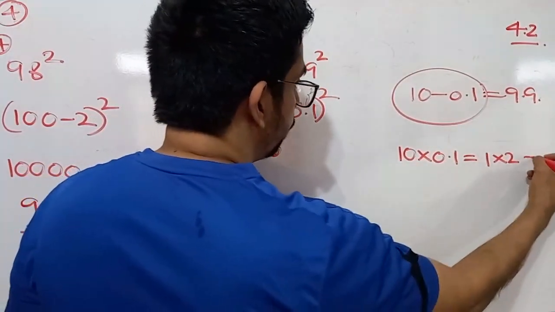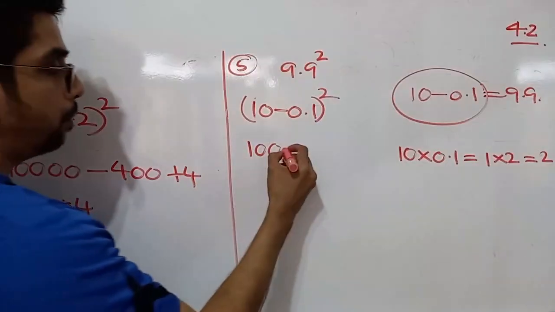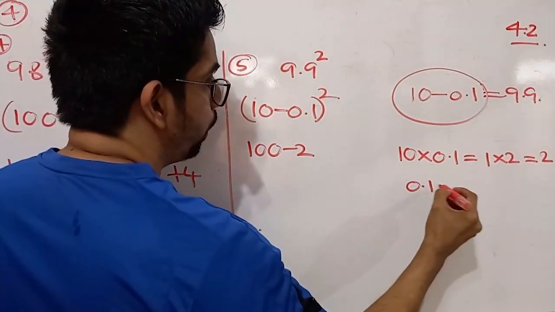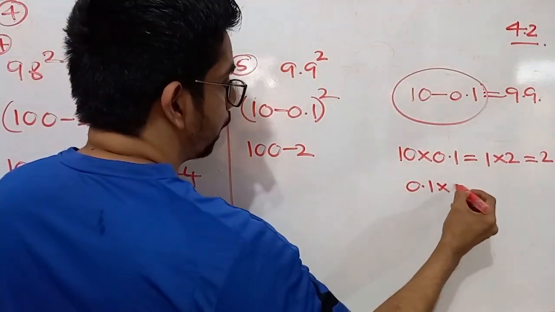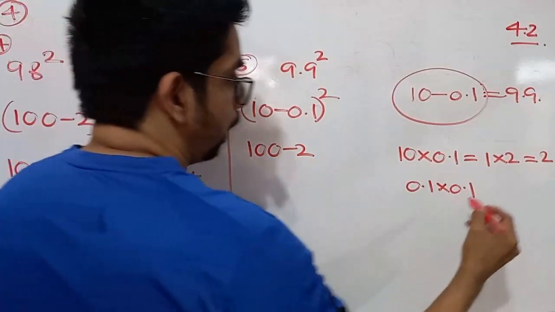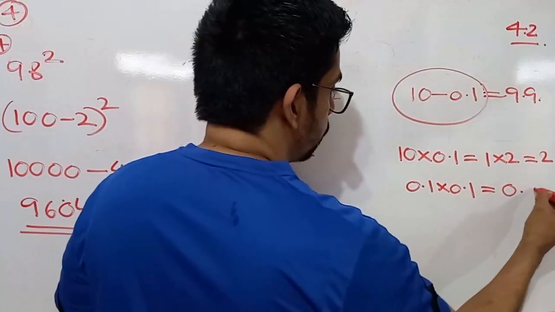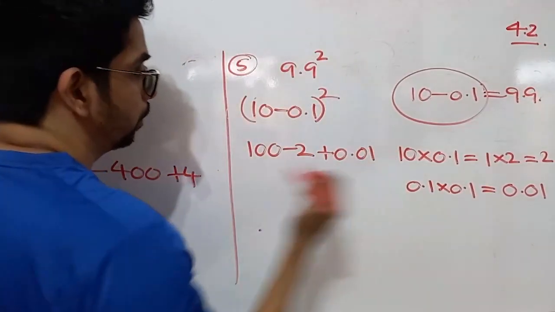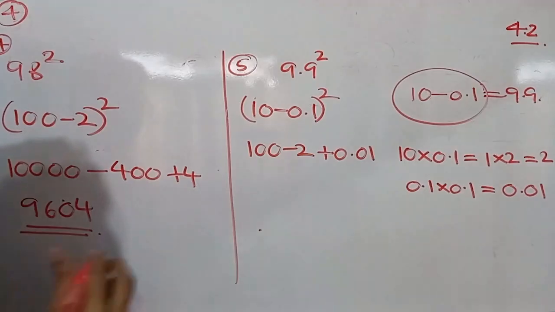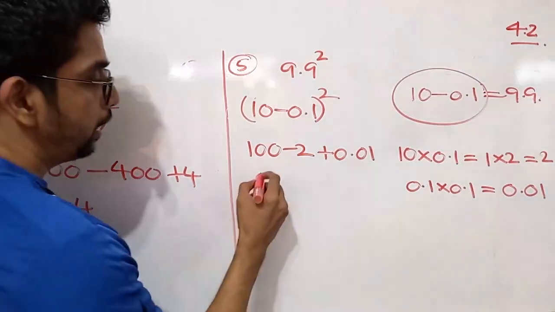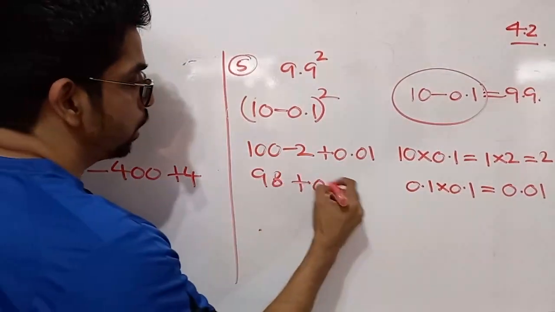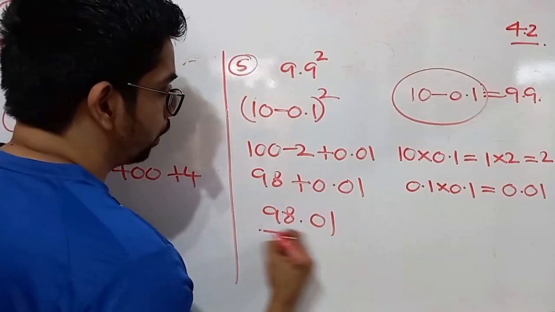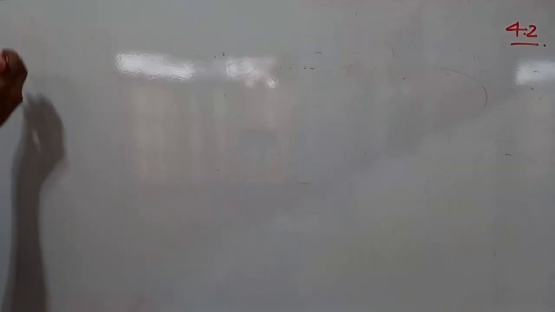Multiply that by 2, we get what? 2. 100 minus 2, okay? Then 0.1 square, right? So what is the answer here? 0.01. So we have to add that, right? So 100 minus 2, that is what? 98. 98 plus 0.01, that is what? 98.01. That's the answer. Right.